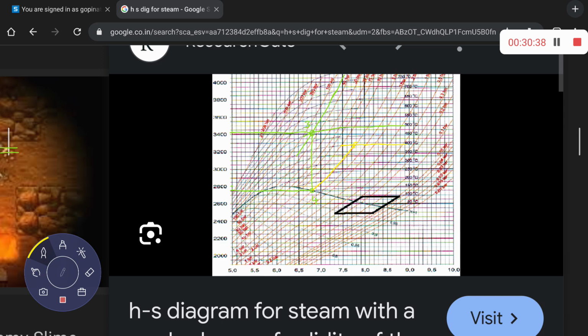Where it intersects there, what is this point? Point number 5. Project this horizontally here. How much is this? 3200, 3300, 3275. 3275 or 3280.